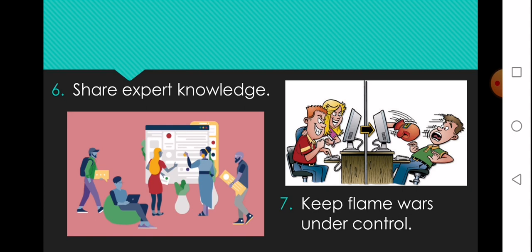Six, share expert knowledge. The internet offers its users many benefits. One of these is the ease with which information can be shared or accessed, and in fact, this information sharing capability is one of the reasons the internet was founded. So, in the spirit of the internet's founding fathers, share what you know.